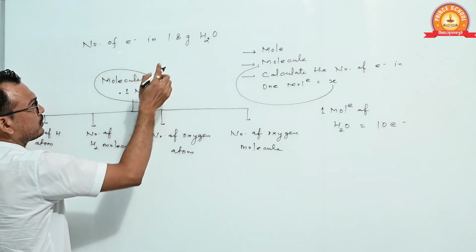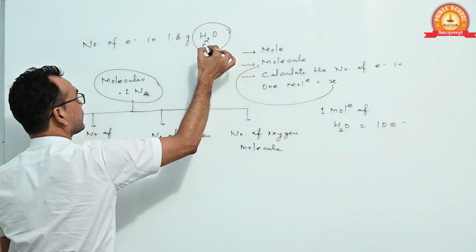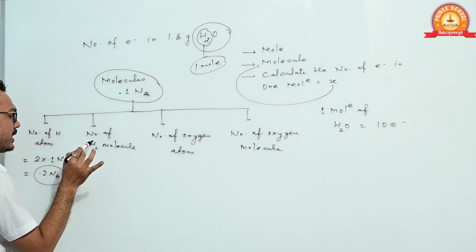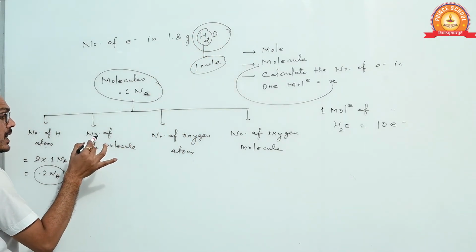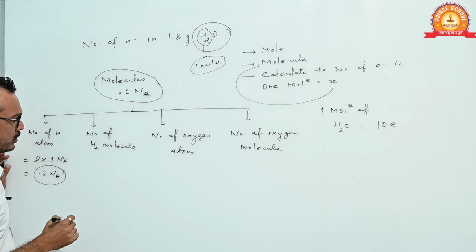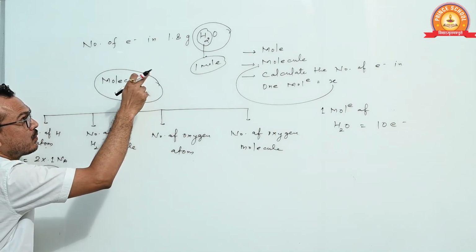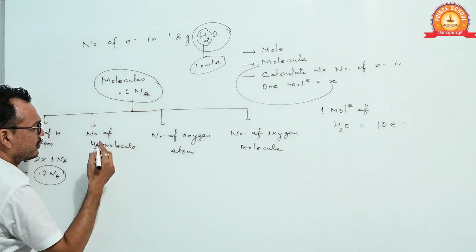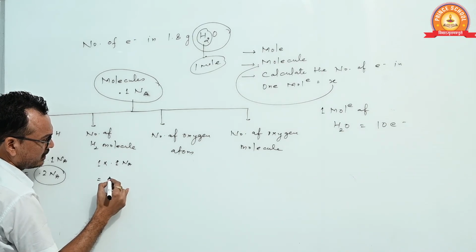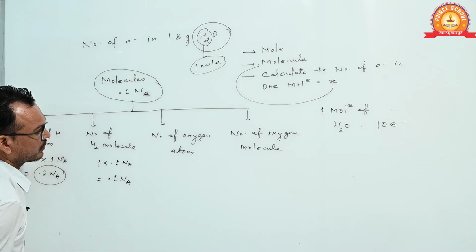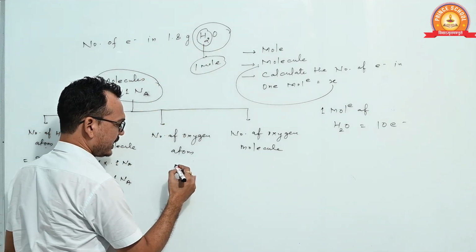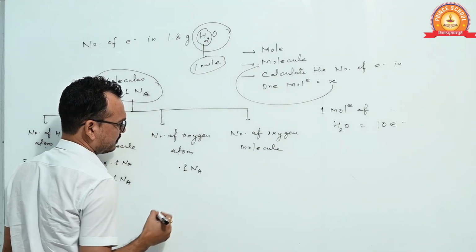Number of H2 molecules in H2O: we know that the number of H2 molecules in one molecule is 1. It means 1 into 0.1 Na, similar to the number of molecules. Number of oxygen atoms, oxygen atom is also 1, then it also gives 0.1 Na.